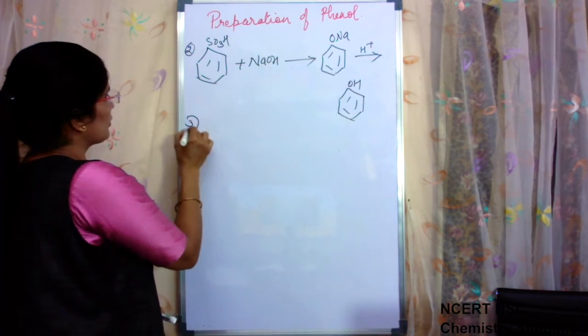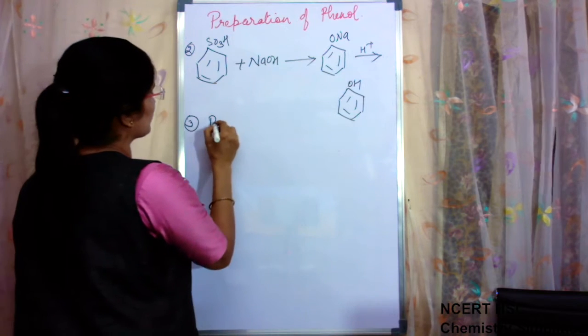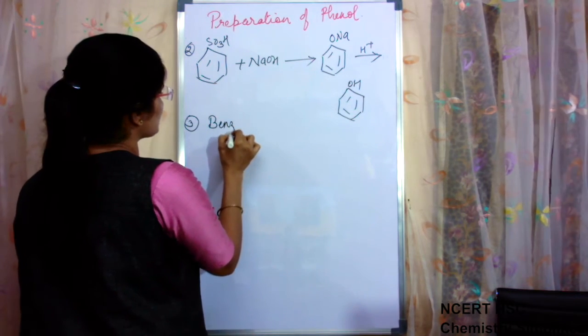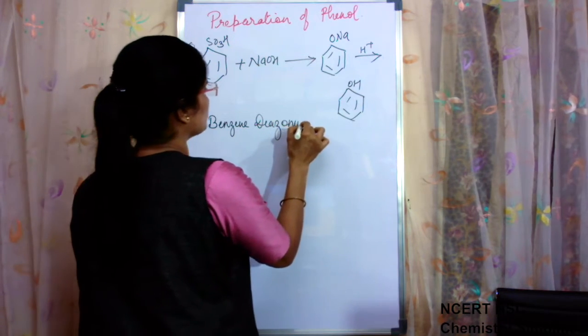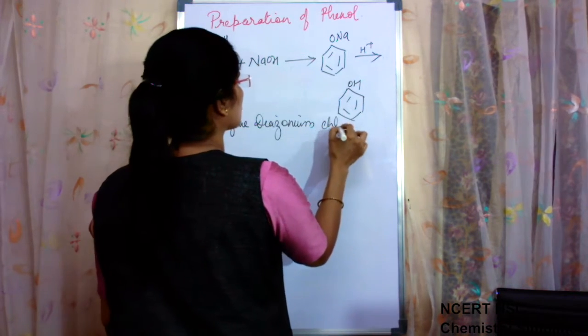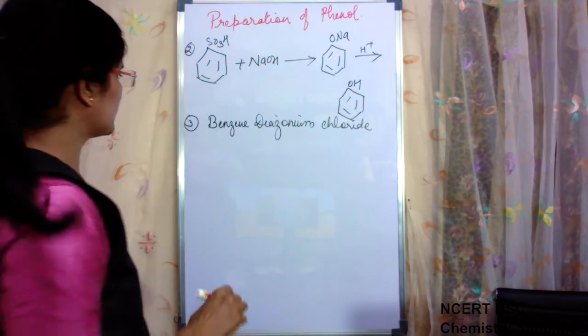Now the third method of preparation of phenol is from benzene diazonium chloride.